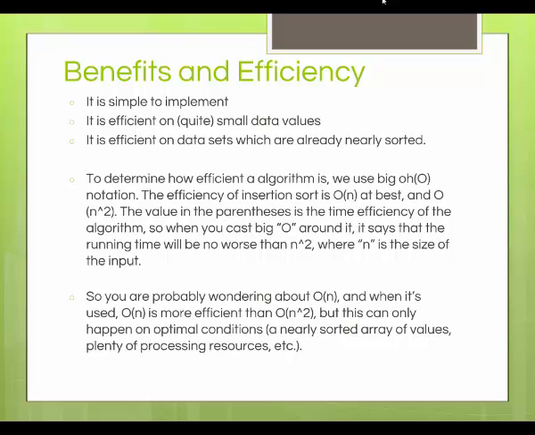It's kind of abstract if you're new to programming, but when you get down to different types of sorting, it's generally the easiest to do. And it's really efficient on small data values, nothing too large, details. It is much more efficient on data that's already sorted, but that's obvious.